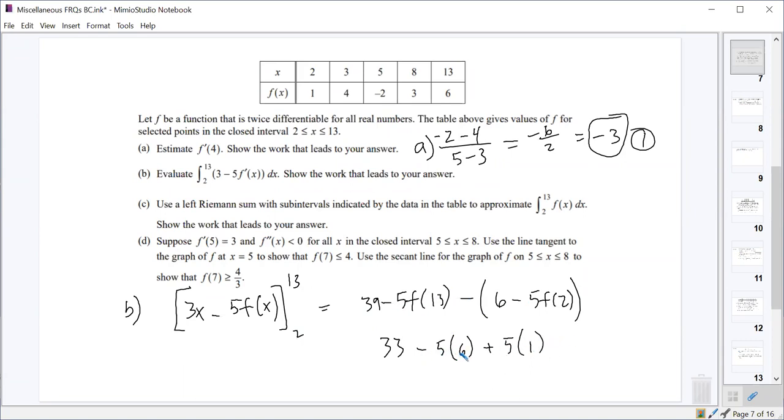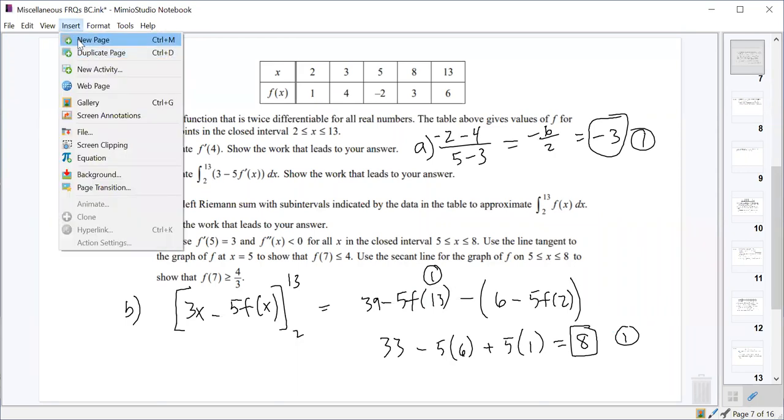So we got 33 minus 30 is 3, plus the 5 gives us 8. So 1 point if you successfully got these f of 13, f of 2 values, and 1 point for the final answer. Everybody good there with part B?